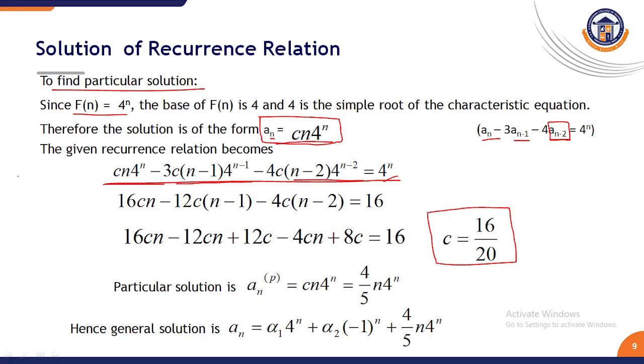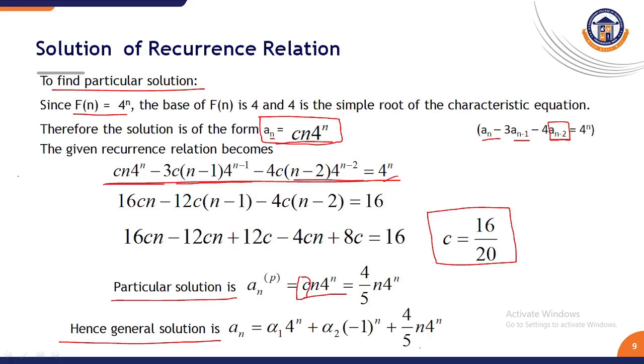Therefore, the particular solution for the given equation is a n equal to C n into 4 power n. Here replace the C value, 4 by 5, into n into 4 power n. Finally, the general solution for the given linear non-homogeneous equation is a n equal to homogeneous solution plus particular solution.